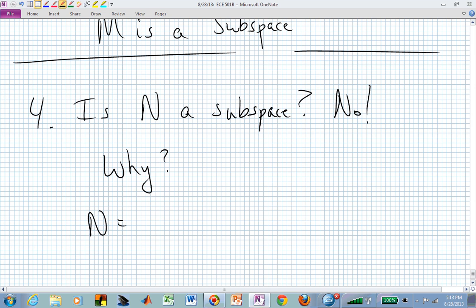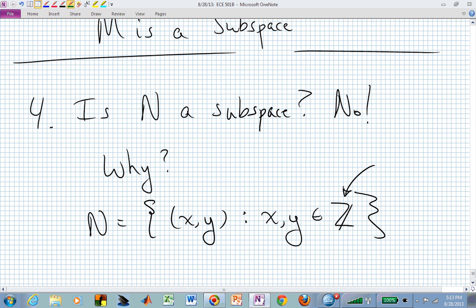Suppose N is a subset of the two-dimensional plane created in the following way. Let's say it's (x, y) such that x and y are integers. That's what that Z is meaning. So this is ..., -1, -7, 0, 6, 10, and x and y can belong to that.